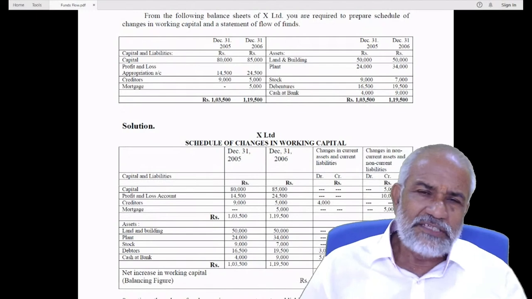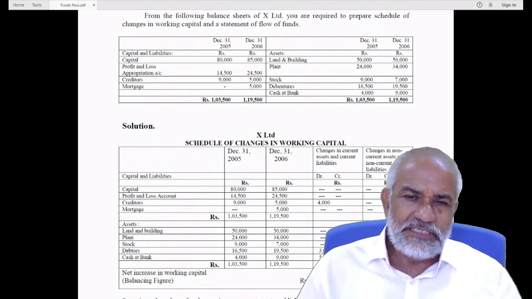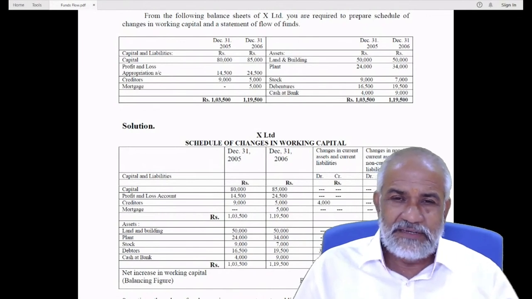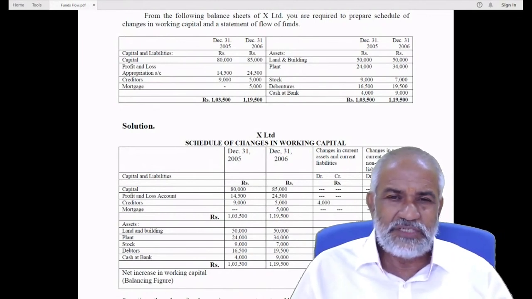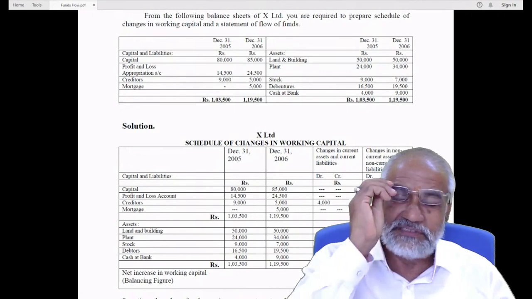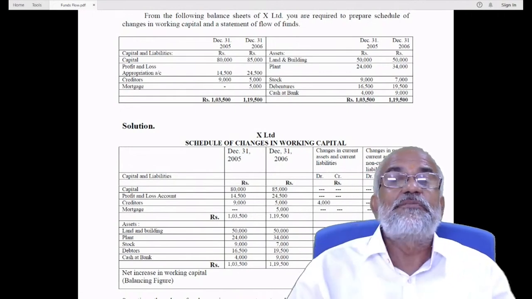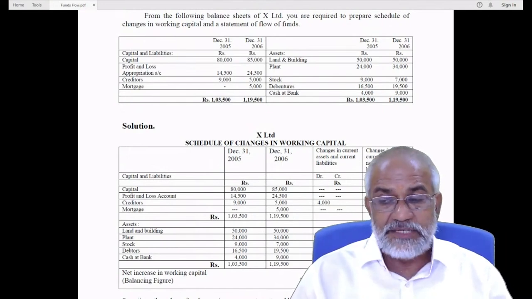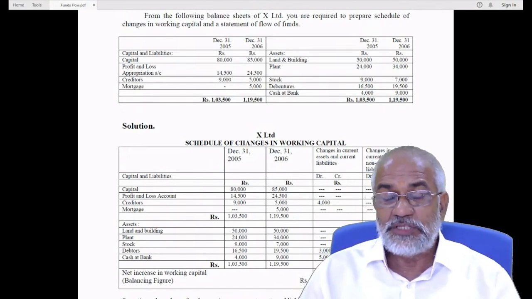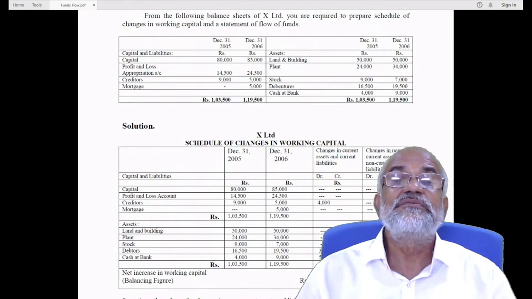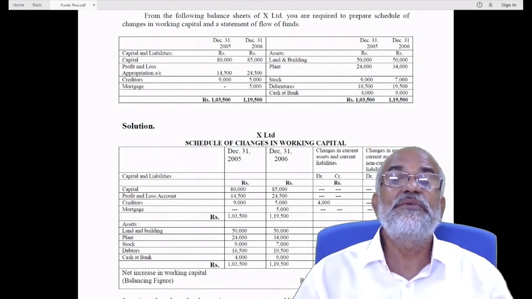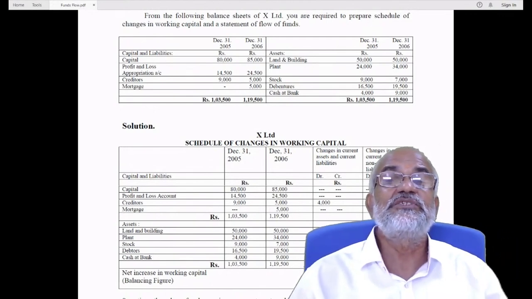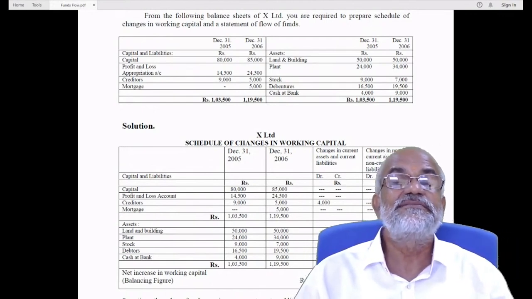Exactly the figures given in the balance sheet have been reproduced here. The capital as on 31st March 2005 was 80,000, and in the subsequent year, on 31st March 2006, it was 85,000. And the profit and loss account, or the debit balance of the profit and loss account, or the cumulative profit and loss account, as on 31st March 2005 was 14,500, and as on 31st March 2006 it is 24,500.